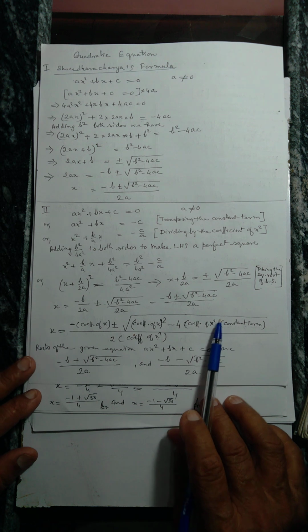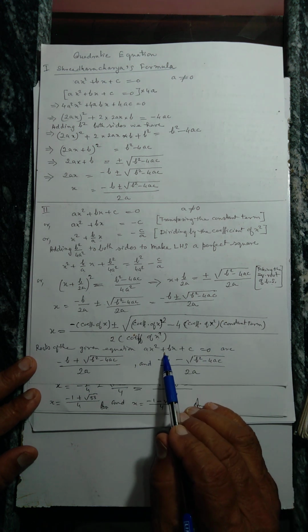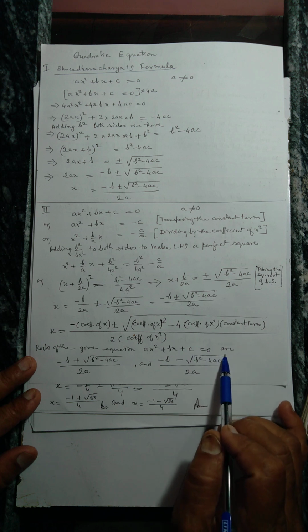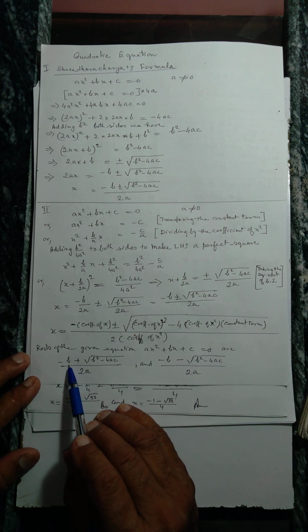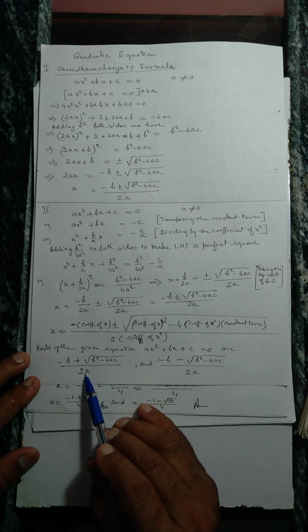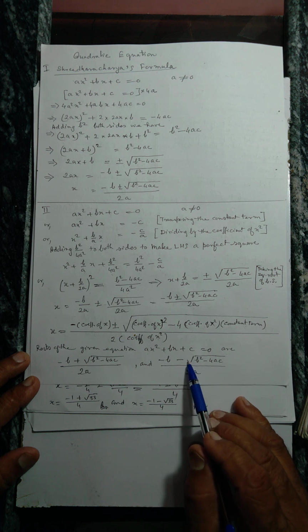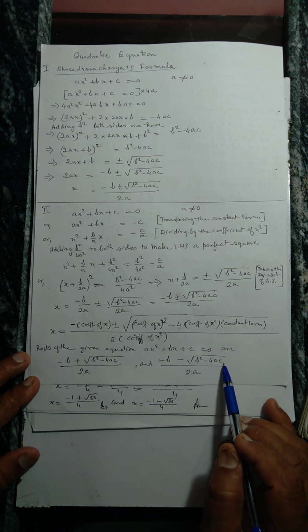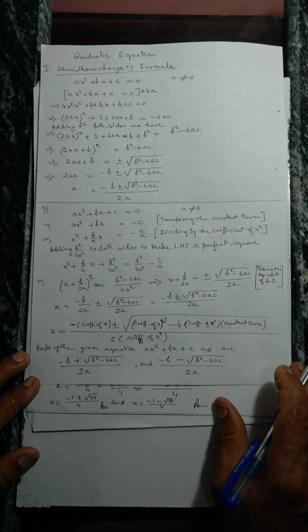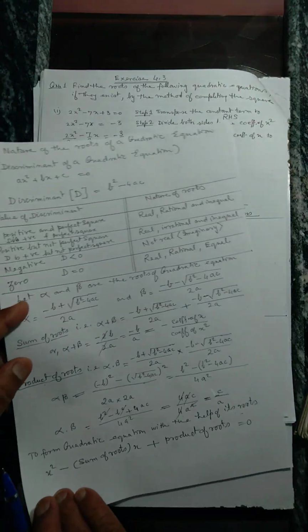So the roots of the given equation ax square plus bx plus c equal to 0 are minus b plus root b square minus 4ac upon 2a and minus b minus root b square minus 4ac upon 2a. These are the roots of the quadratic equation.